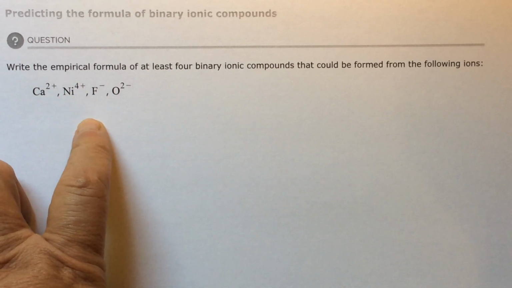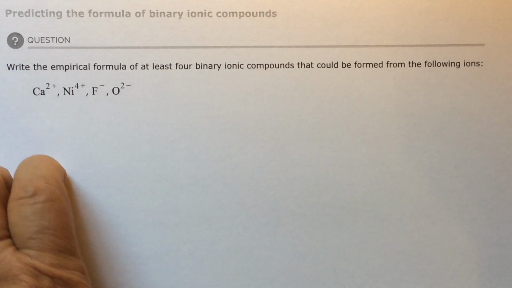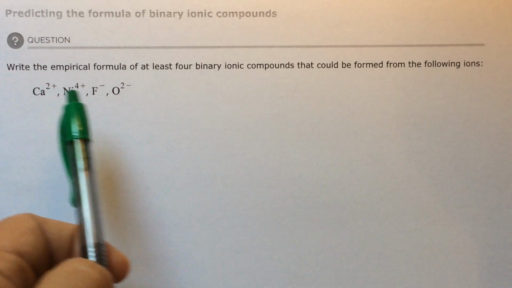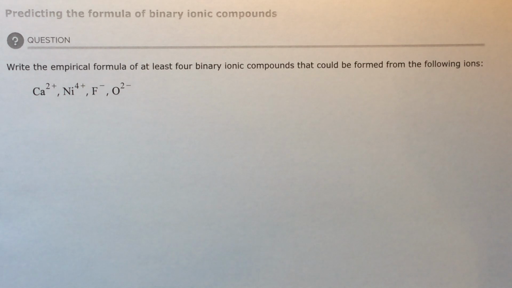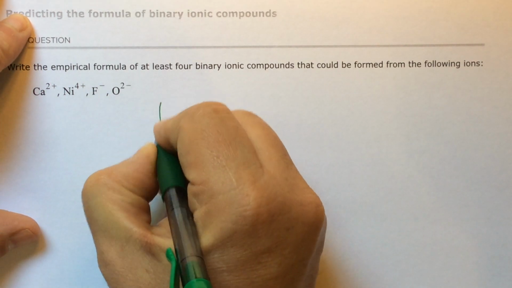So if they're asking for at least 4 binary compounds, let's just do the first one with both of these and make 2, and then do the second one with both of these and make 2. All right, so I guess you could do it like a table.